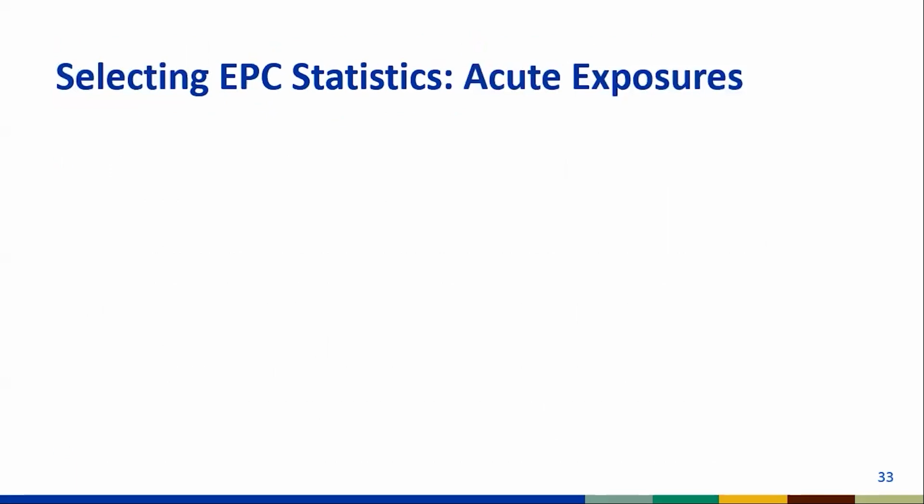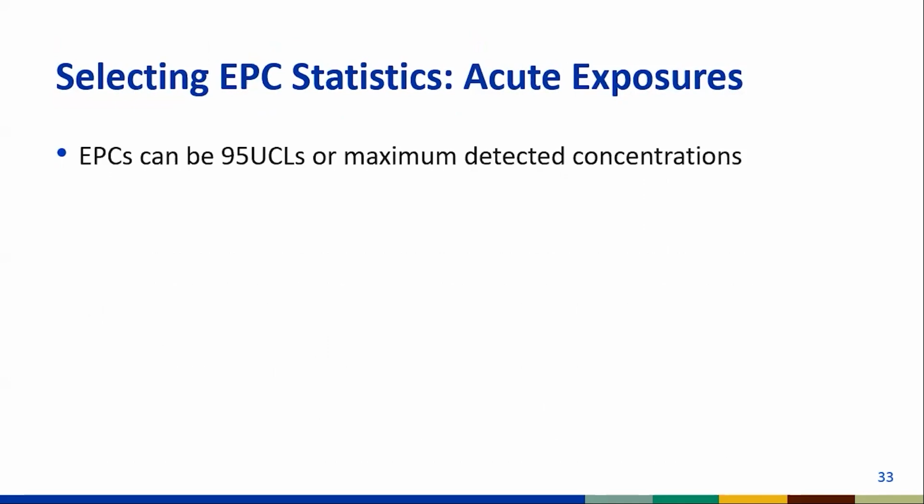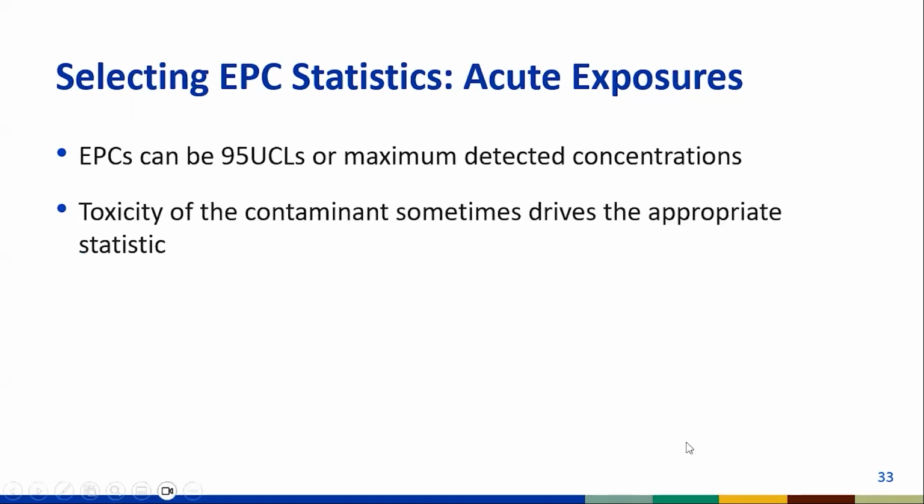Now let's talk about some of the exceptions in selecting EPCs for acute exposures. Just the same as chronic and intermediate exposures, EPCs for acute exposures can either be 95 UCLs or maximum detected concentrations. Specific to acute exposures, however, the toxicity of a given contaminant sometimes drives the appropriate statistic.